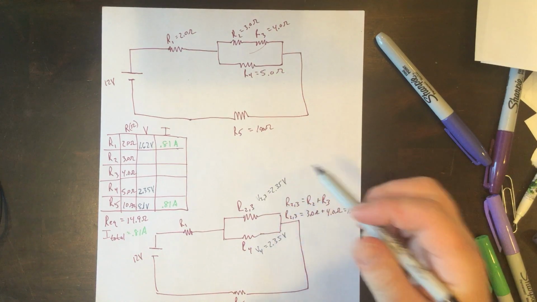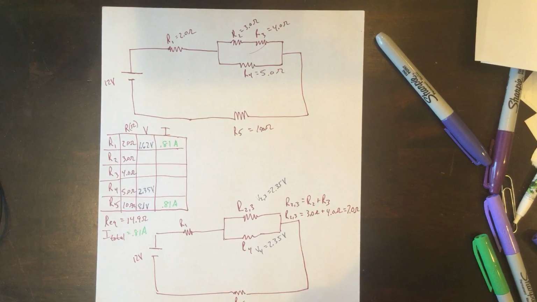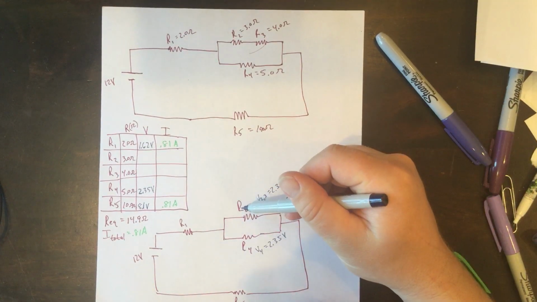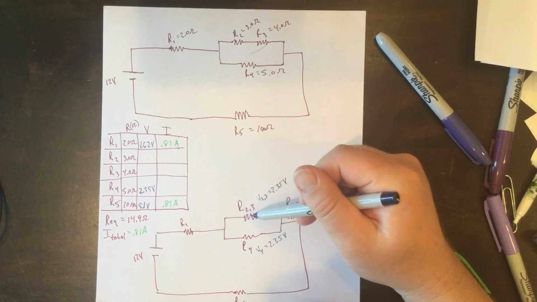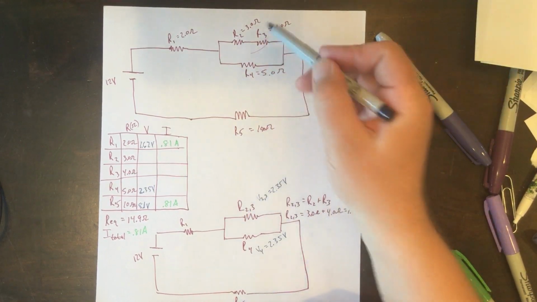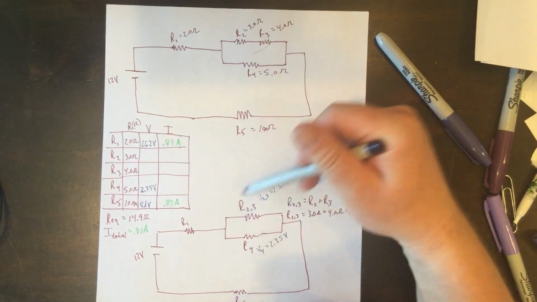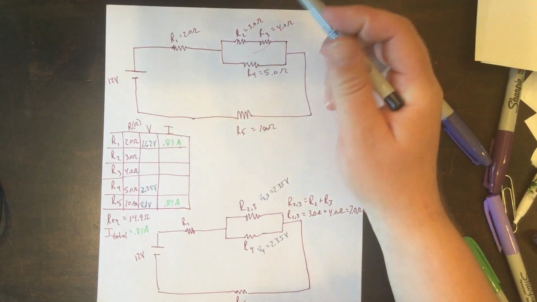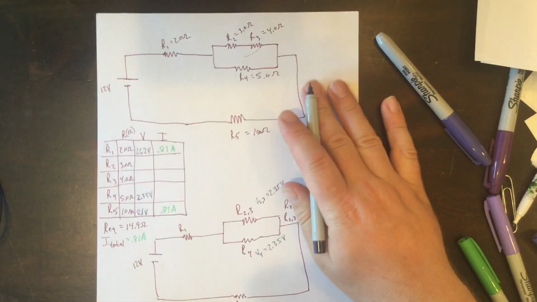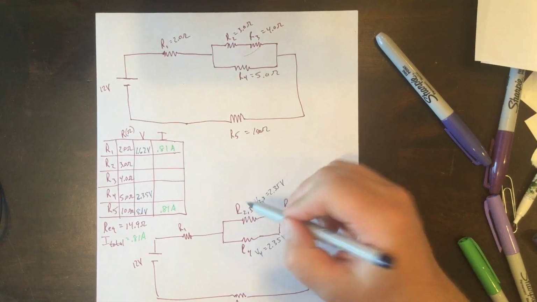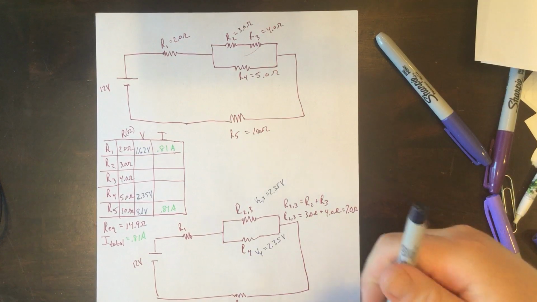Now, you would ask, why do we need the current for this one? Because, look, the current up here would be the same for both. So even if you're like, well, I don't need it here, that's fine. You're going to need it later. So my suggestion is you find V, I, and R for every single one.